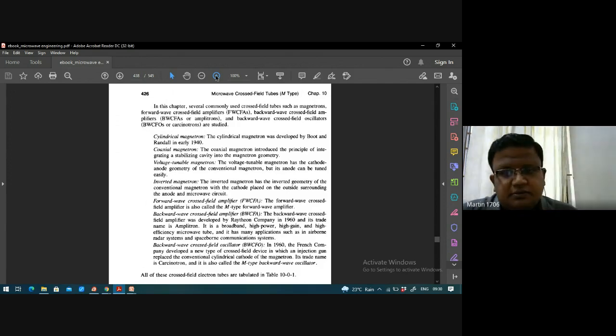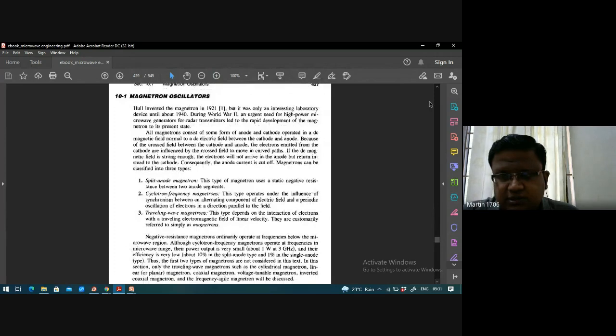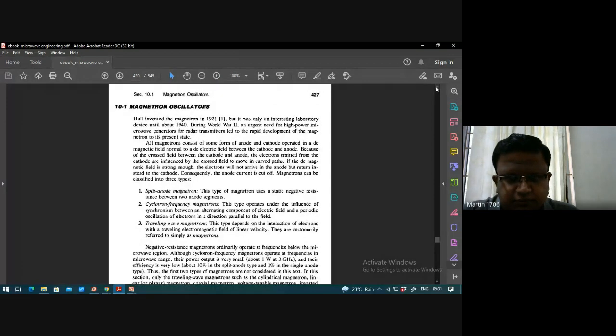Many types will be there, but we need not bother about all of them. In our syllabus, only the cylindrical magnetron will be there. You can see the same thing I mentioned in the descriptive, given in the flow graph.